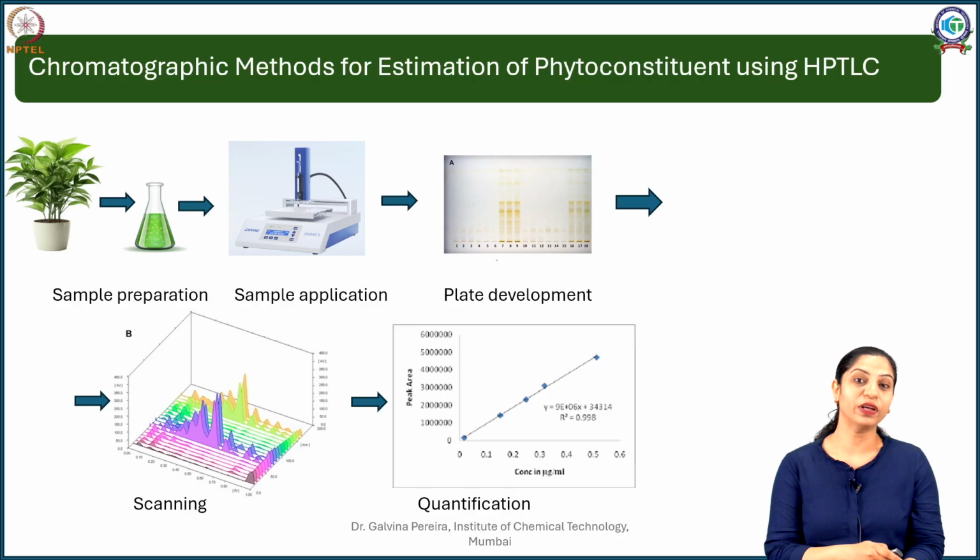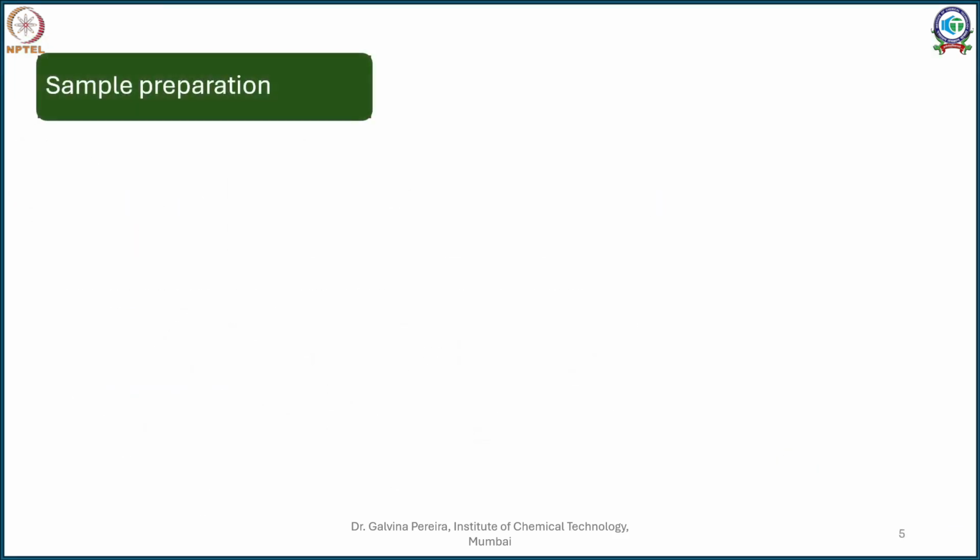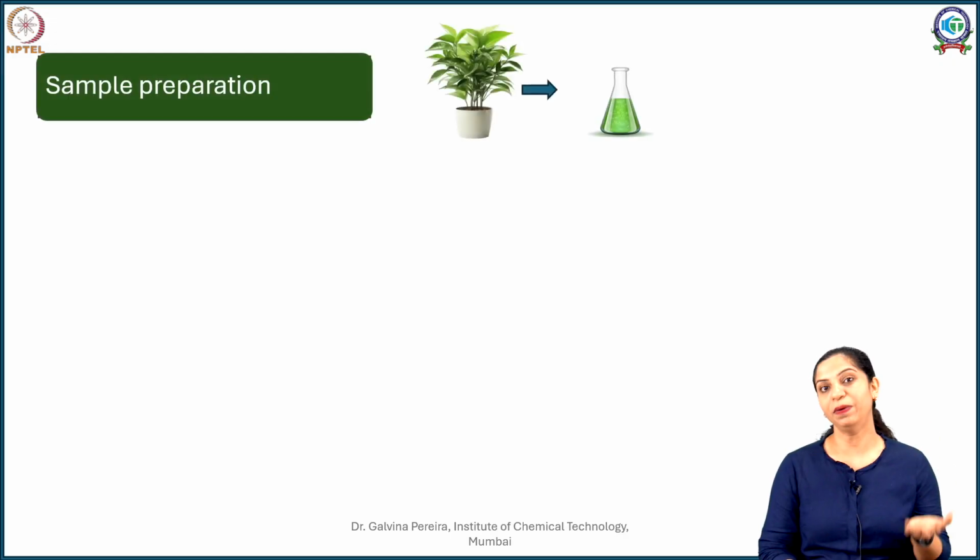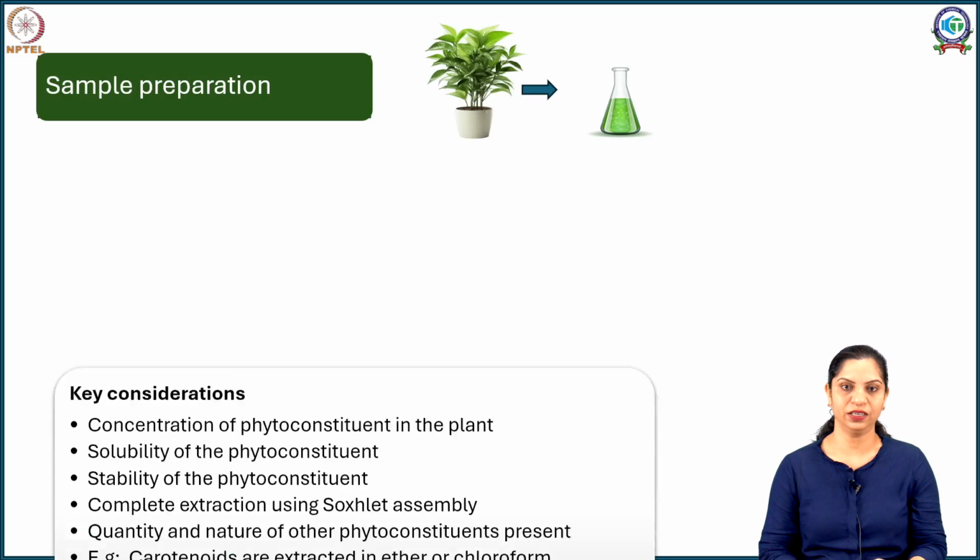But yes, there are a few critical things that we need to understand. So let's try to understand them one by one. The first and the most important step is sample preparation. So from the plant, say ashwagandha, from your tablets, from your preparations, from your thick viscous syrups, how are you going to prepare it?